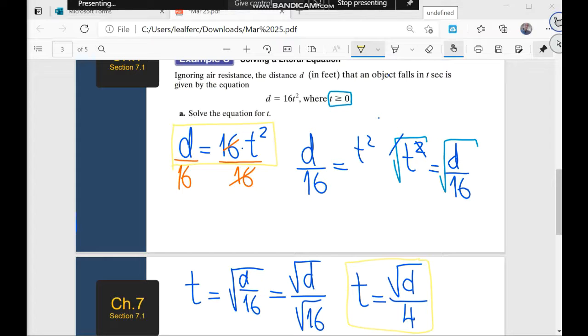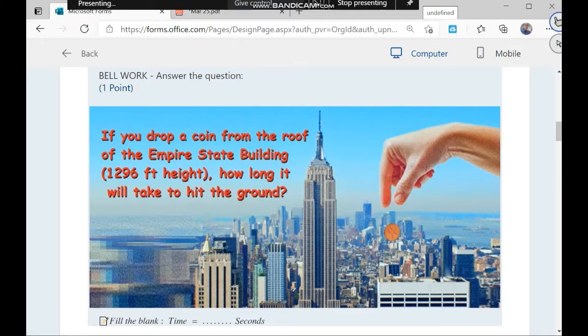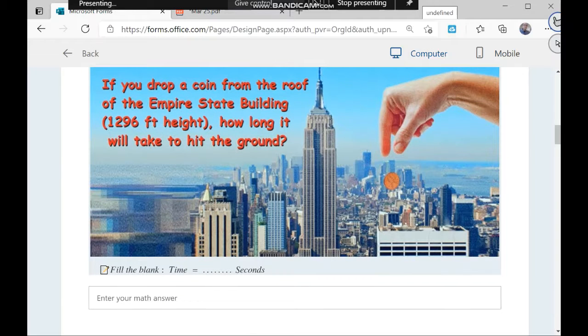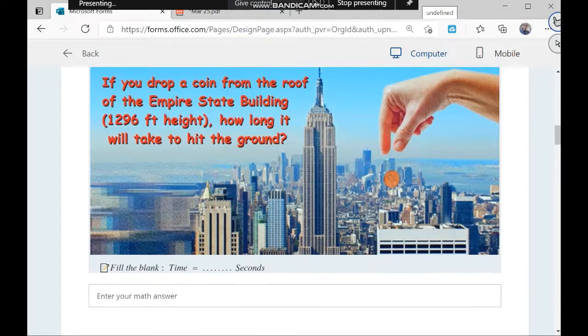Any questions? Let's move on then. If you don't have questions, let's try to solve our bell work. If you drop a coin from the roof of the Empire State Building and the distance is 1,296 feet, so you can plug in this distance on the formula and probably you're going to be able to find the answer. Okay? How long it will take to hit the ground, and we can calculate, because now we have a formula, right?